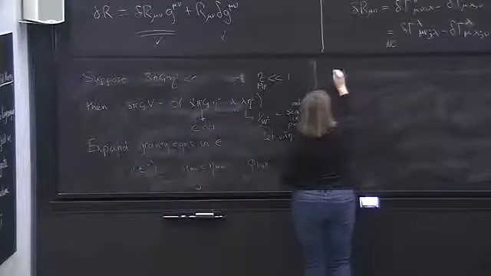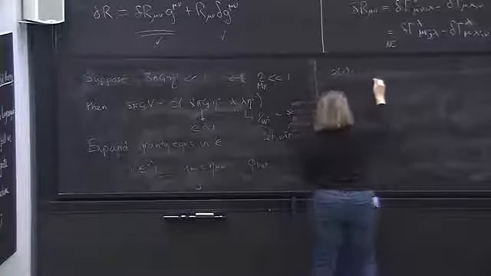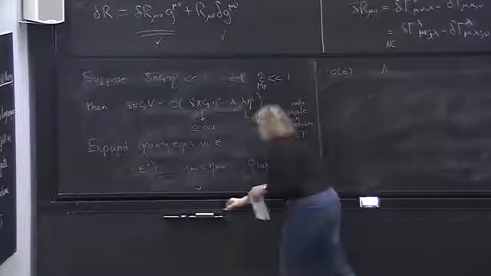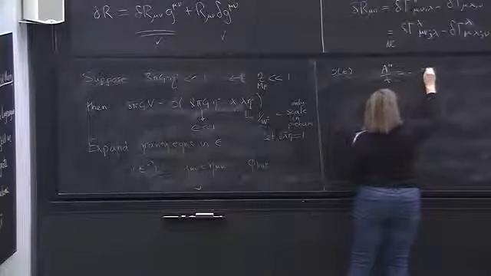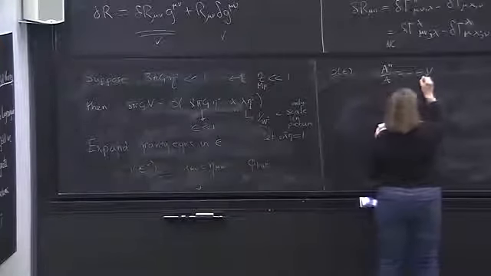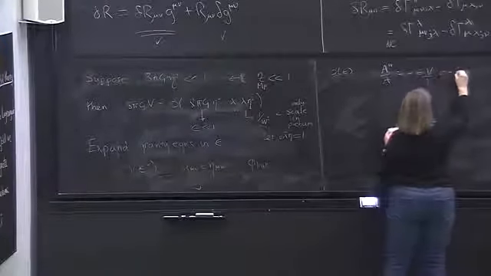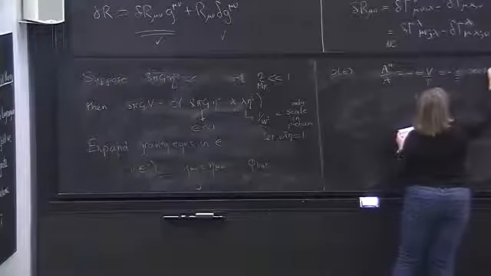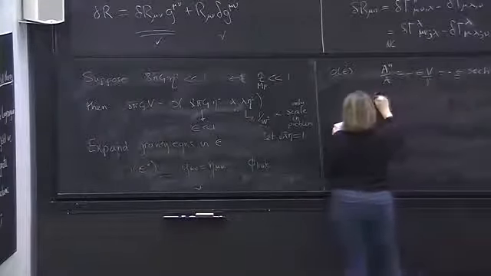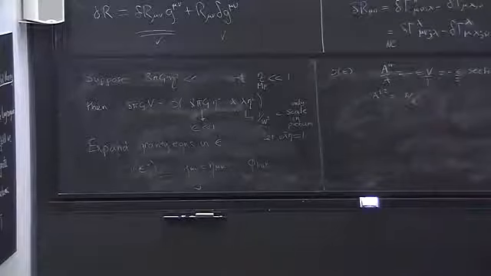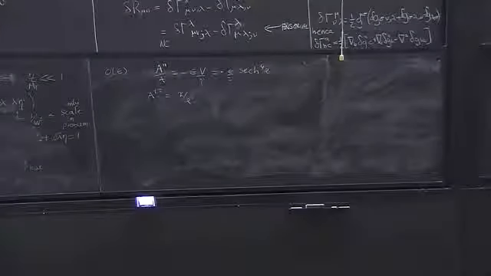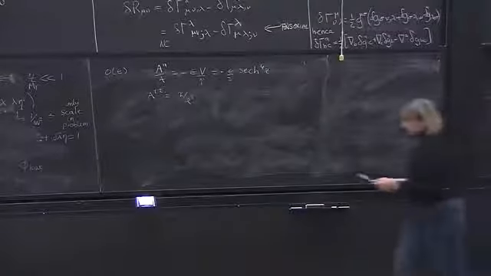So to order epsilon, if I look at my Einstein equations, if I peel off what these Einstein equations actually are with my background, I've got 0 over here, and I've got my potential there, and so I simply write down what they are.